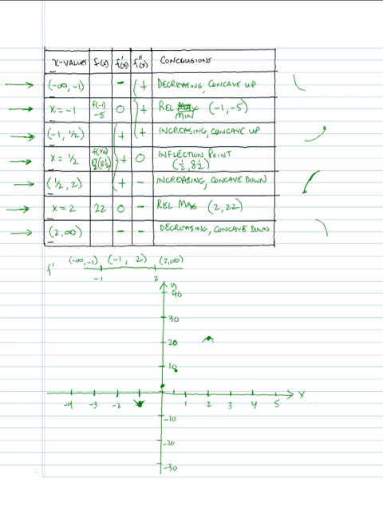And so what I did is I actually put a value of 3 in for x, and I calculated the y, and I got a 12. So I know the point (3, 12) is on my graph, and so that's roughly here.